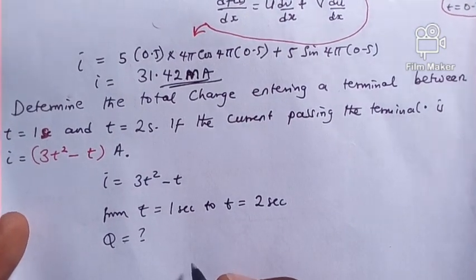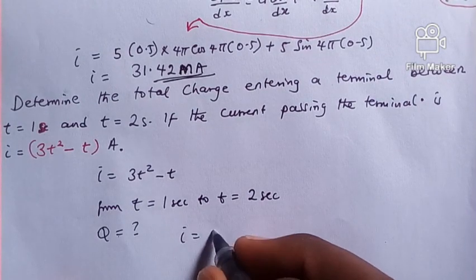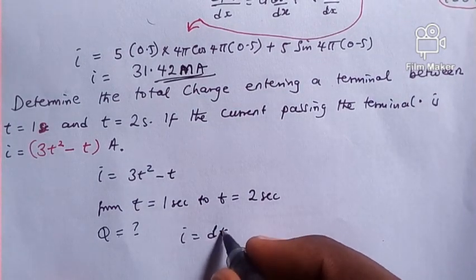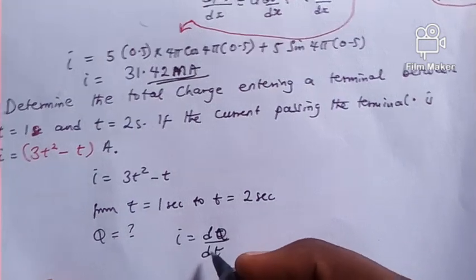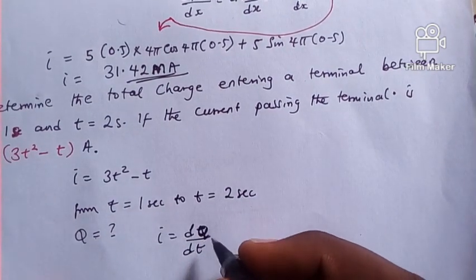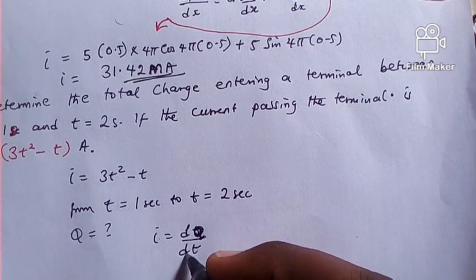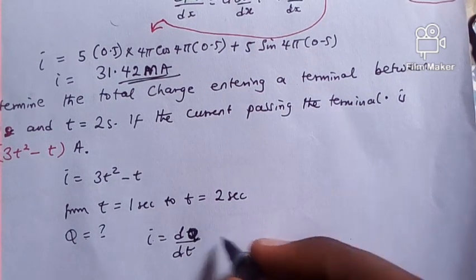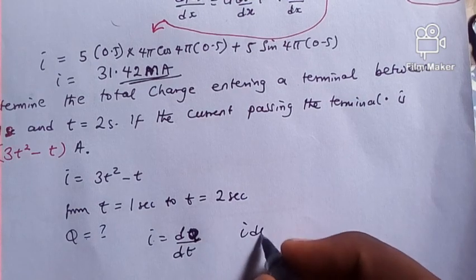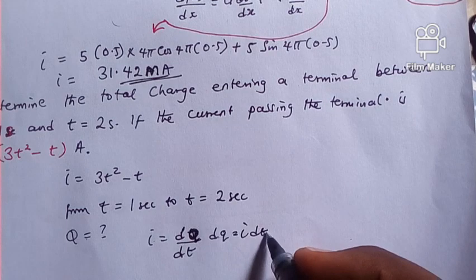Now, remember what I told you about current. Current is defined as dq over dt, and like I said, this is the differential of quantity of charge. Now in this case, we are asked to find the quantity of charge, so q is going to be i dt.